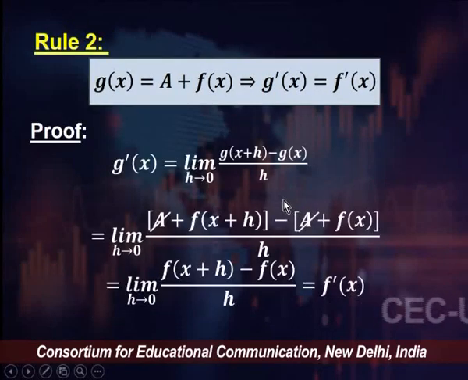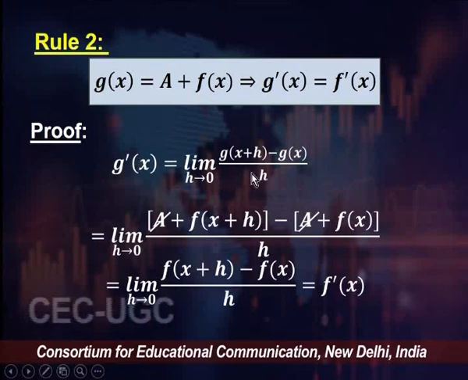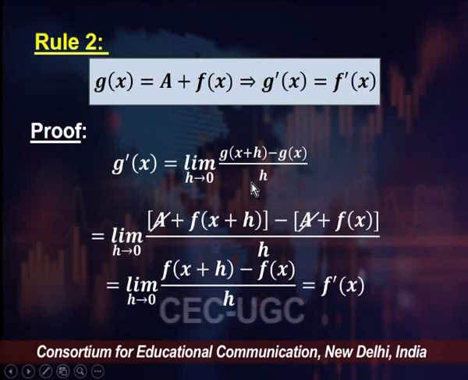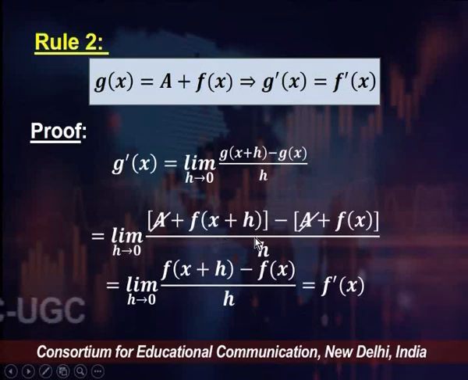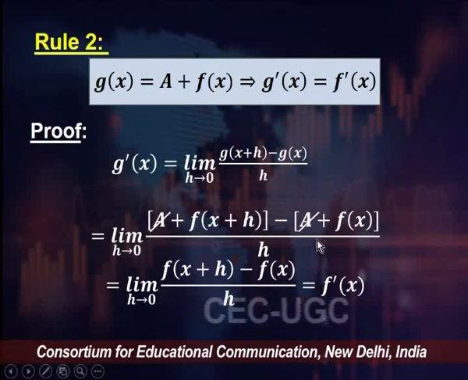Again, we can prove it mathematically. g prime of x is the limit of g of x plus h minus g of x divided by h as h tends to 0. Just put in the values a plus f of x plus h, which is what g of x plus h is going to be. g of x is going to be a plus f of x.